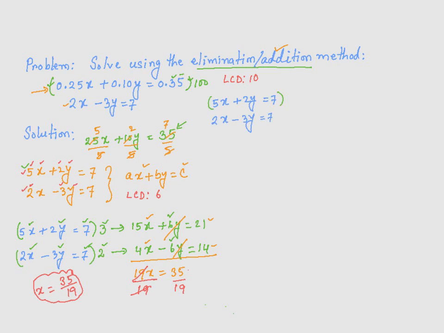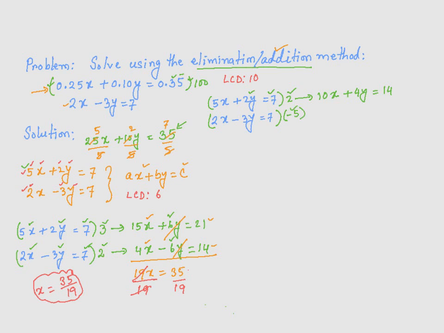I will multiply this equation by 2, and I will get 2 times 5x is 10x, and 2 times 2y is 4y, and 2 times 7 is 14. And I'm going to multiply this one by negative 5.